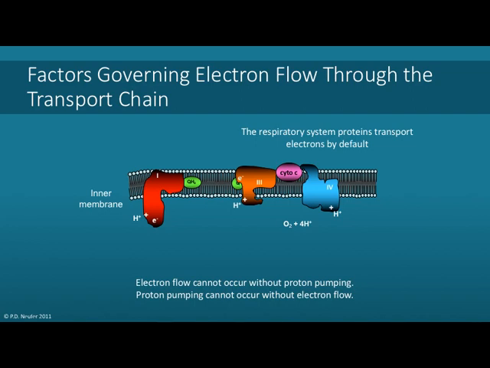For flow of electrons through the chain to occur, protons have to be pumped out. Those two things go hand in hand, and they're important in understanding the production of free radicals. So the pumping of protons out across the membrane is linked to the movement of electrons through the chain.